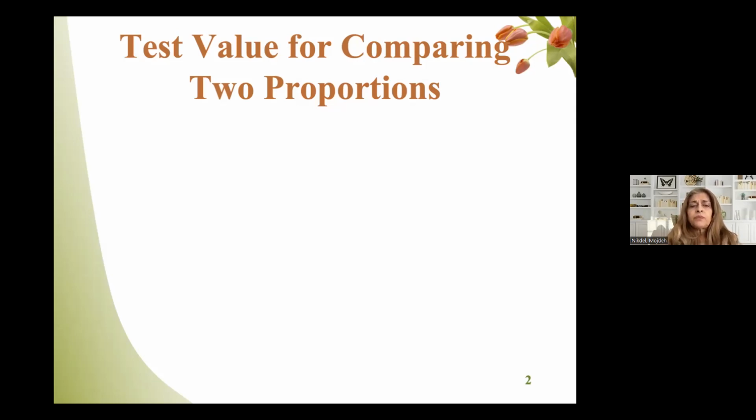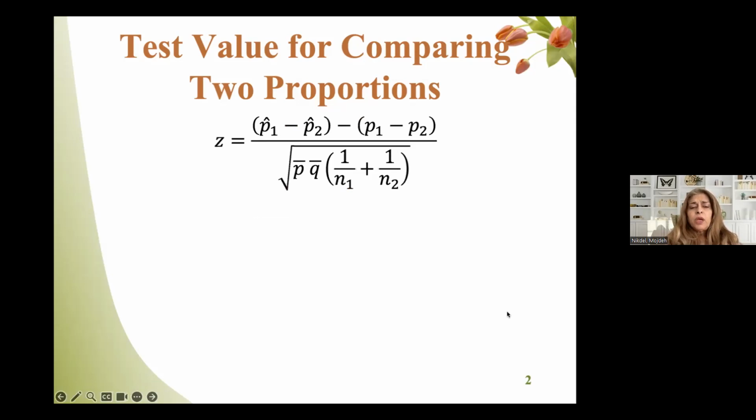So no matter what method we are following, you have to know the test value formula. This is the test value for the difference between two proportions: p1 hat minus p2 hat, minus the difference between p1 and p2, divided by the square root of p bar times q bar times (1 over n1 plus 1 over n2).